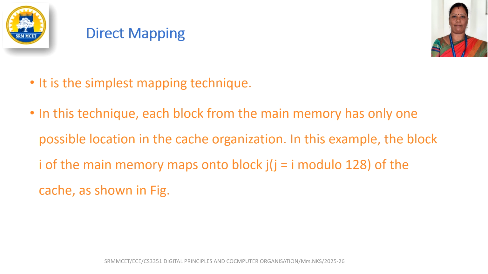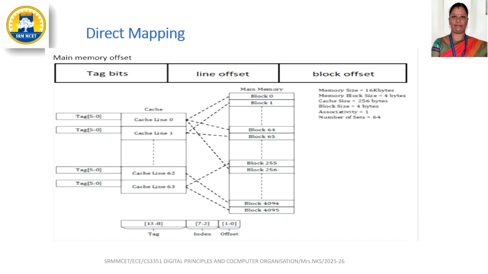Whenever one of the main memory blocks 0, 128, 256, etc. is loaded in the cache, it is stored in cache block 0.